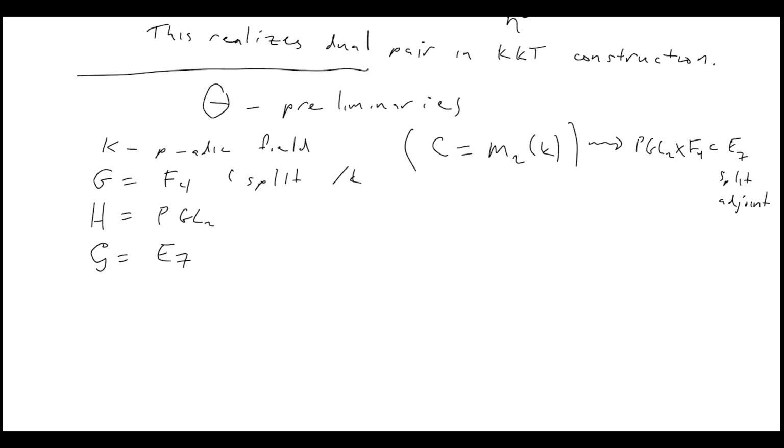If you take the 56-dimensional representation of E7, the smallest one, and you restrict it to the dual pair, what does it look like?